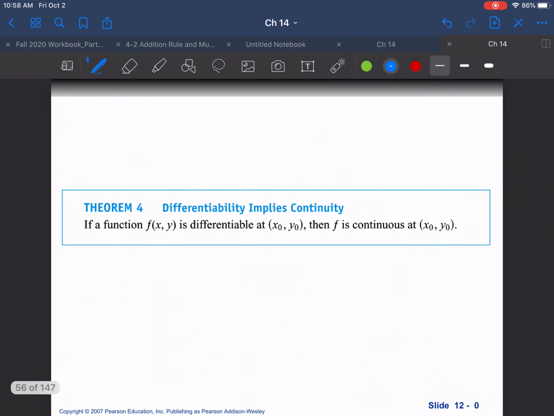Here, a lot of theorems in a row, I know, but differentiability implies continuity. If a function is differentiable at x naught, y naught, then it is continuous there. All right, so differentiability is going to imply continuity for us.